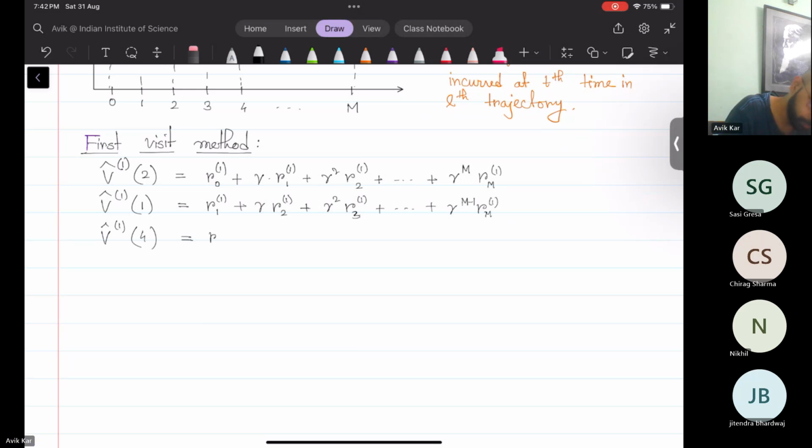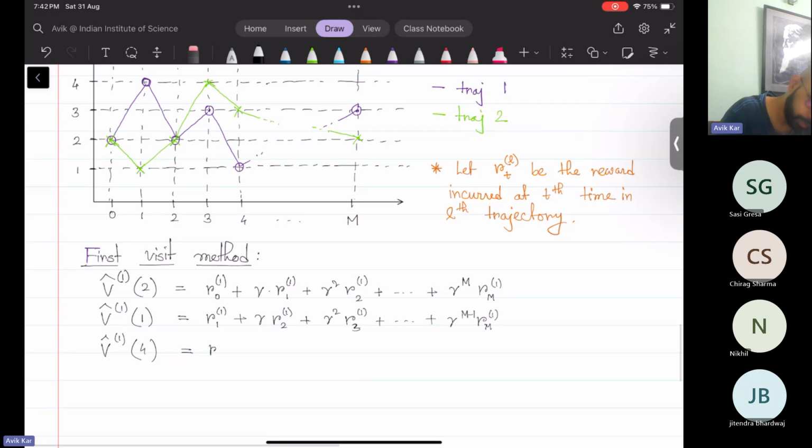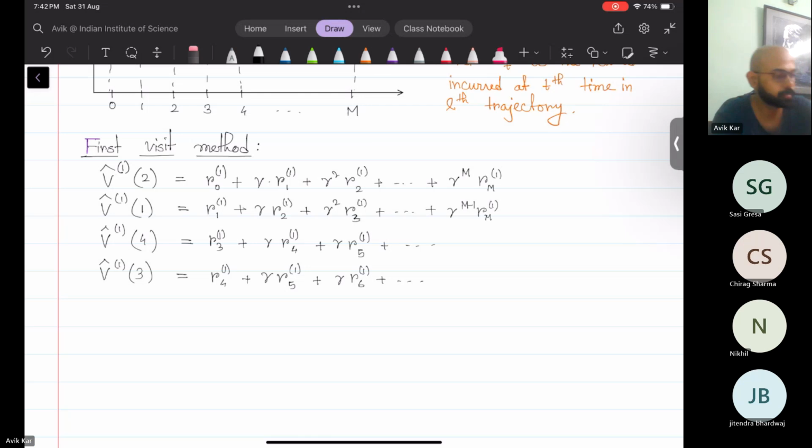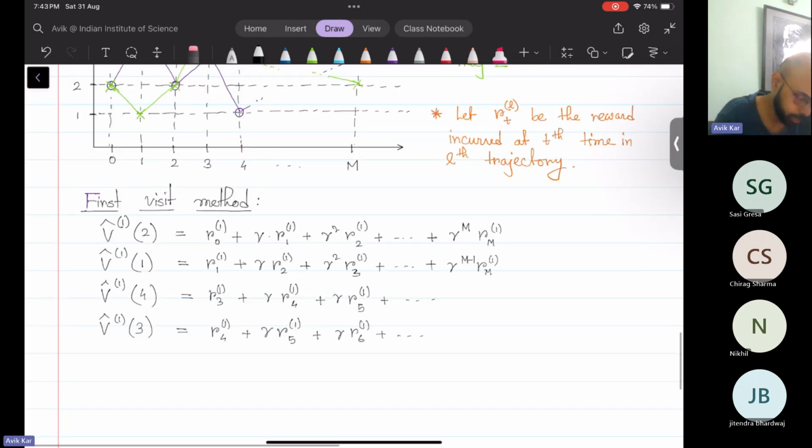That is R_1,3 plus gamma times R_1,4 plus gamma squared times R_1,5, and so on. And then we have V hat 1, 3, that starts from R_1,4, plus gamma times R_1,5, plus so on.